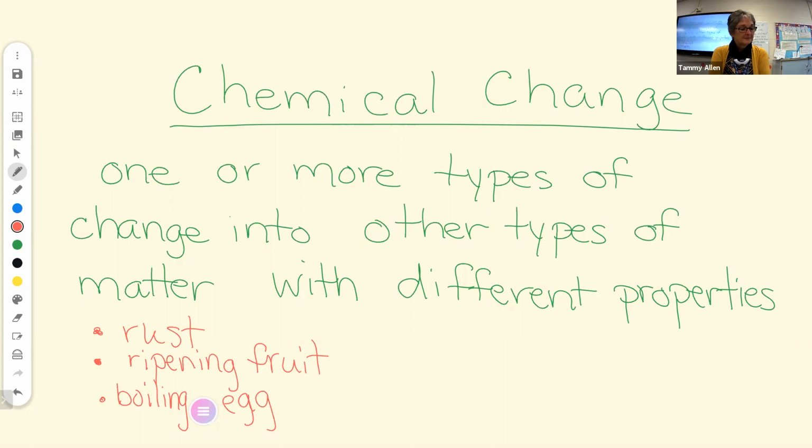Do you mean boiled egg instead of boiling? Boiling an egg. I should have an egg.